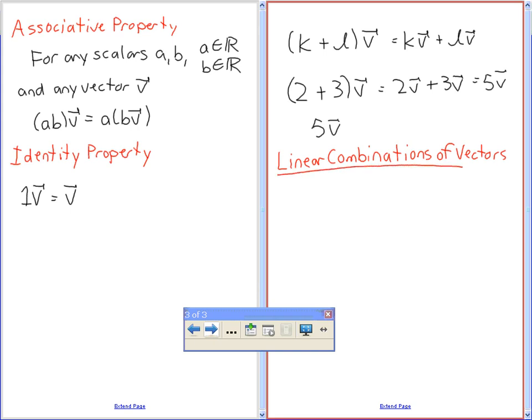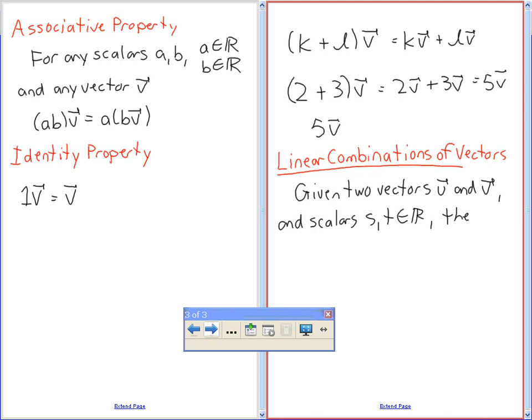Okay, all this means is, given two vectors u and v, and scalars s and t, the quantity su plus tv is called a linear combination of u and v.